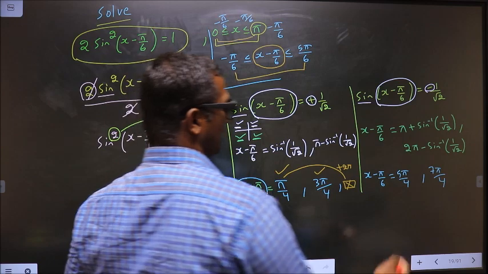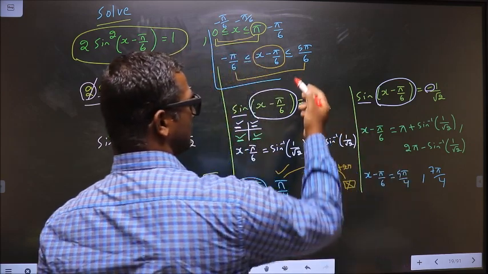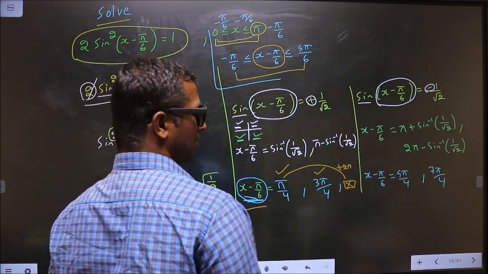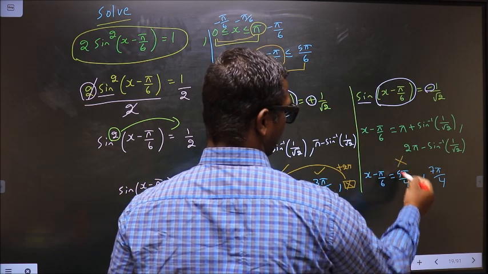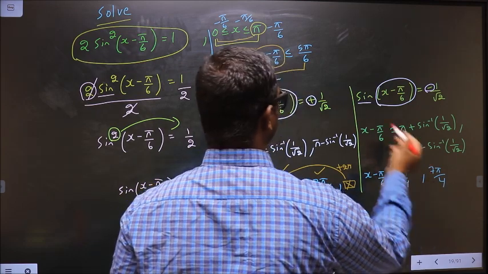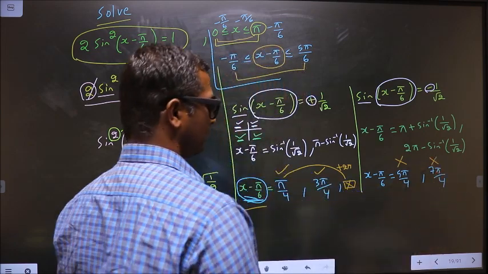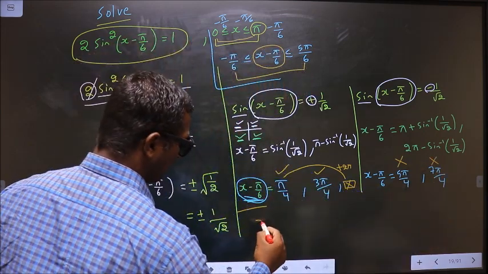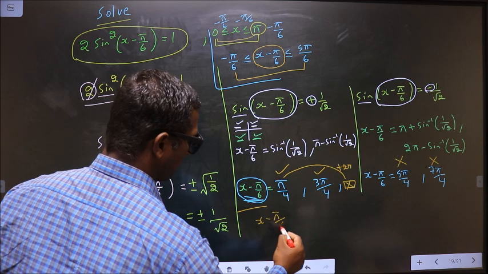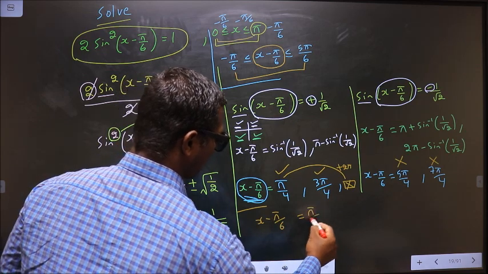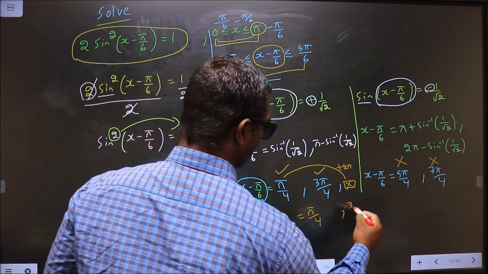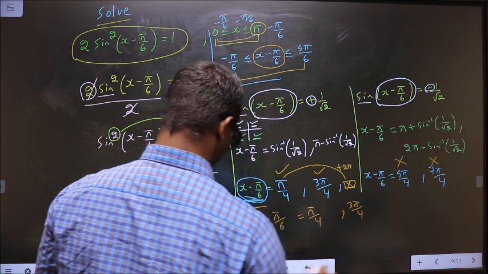Here, does 5π/4 lie in this interval? No, so you reject it. Does 7π/4 lie in this interval? No, so you reject it. So the values for x − π/6 we got are π/4 and 3π/4.